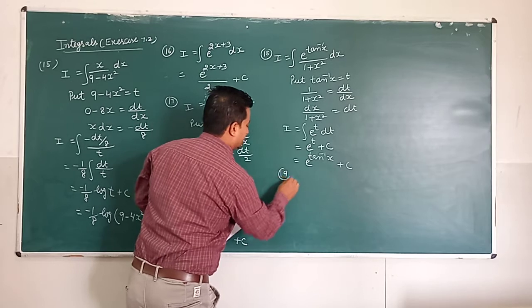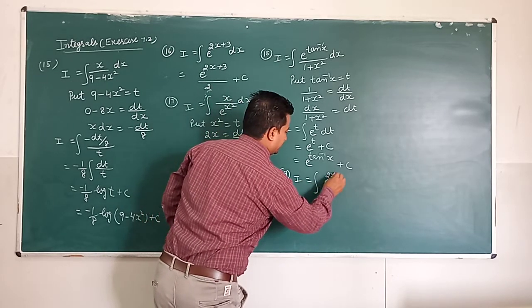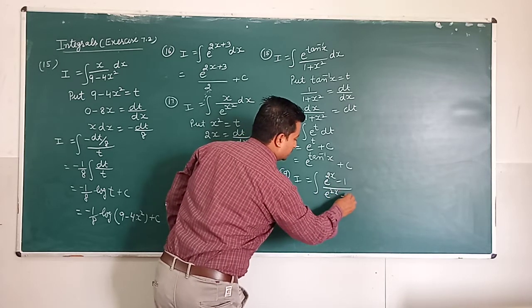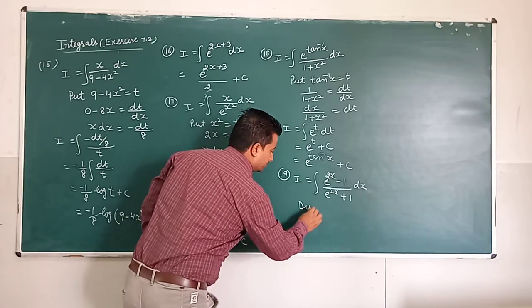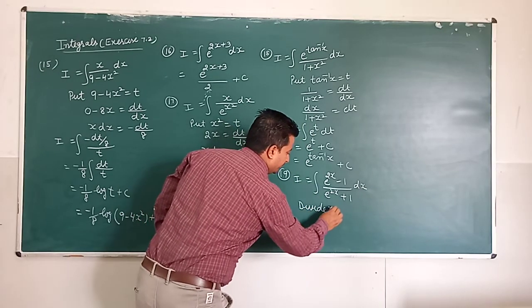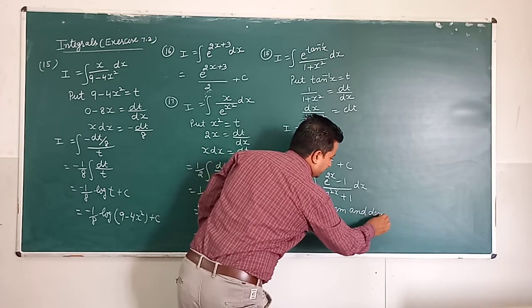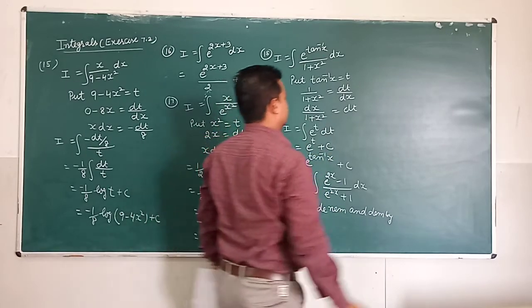In question number 19, the statement is e power 2x minus 1 upon e power 2x plus 1 dx. In this question, first we divide numerator and denominator by e power x.